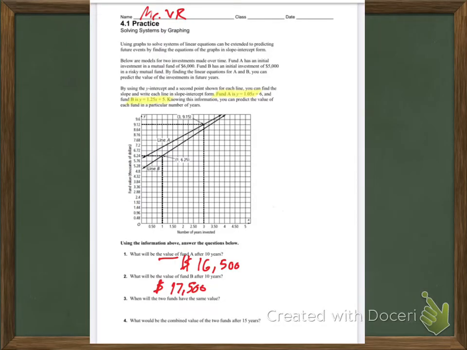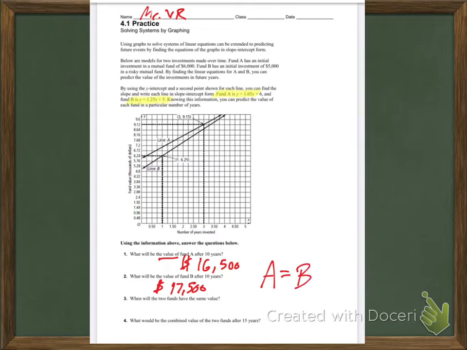When will the two funds have the same value? So what we need to figure out is after how many years will they have the same value? So we have to realize that the question is when is A going to be equal to B?